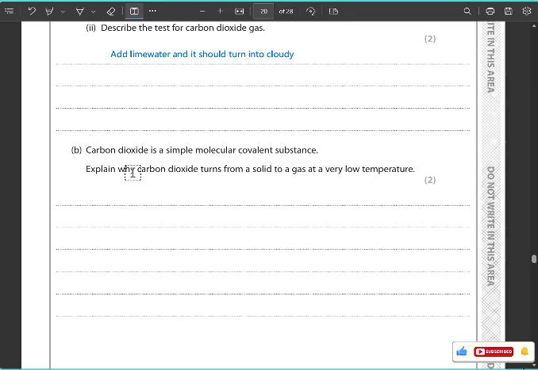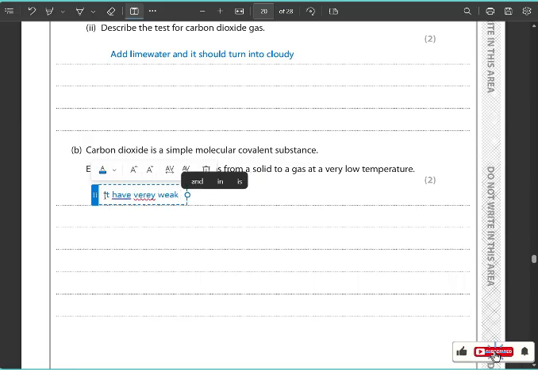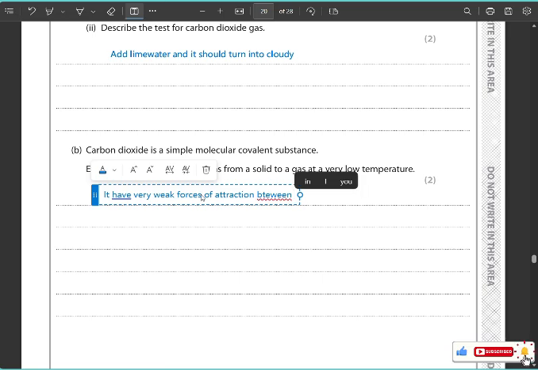And next one. Carbon dioxide is a simple molecular covalent substance. Explain why carbon dioxide turns from a solid to a gas at a very low temperature. Because it has very weak forces of attraction between molecules.